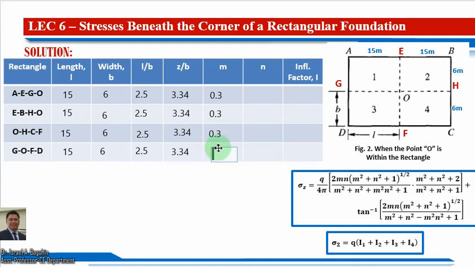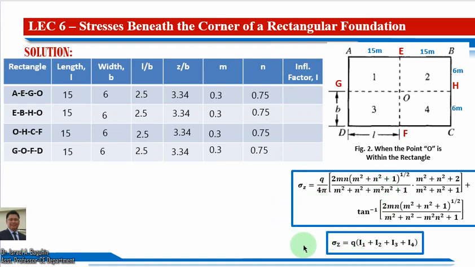Also for the N, which is the ratio of our length over the Z, it is just equal now to 2.75 for all rectangles here. Here 0.75.